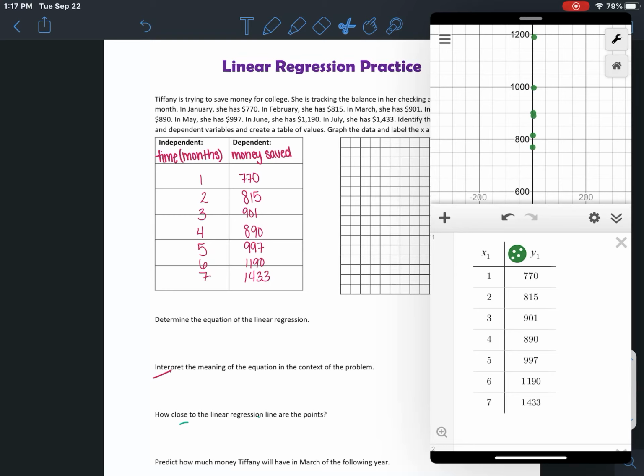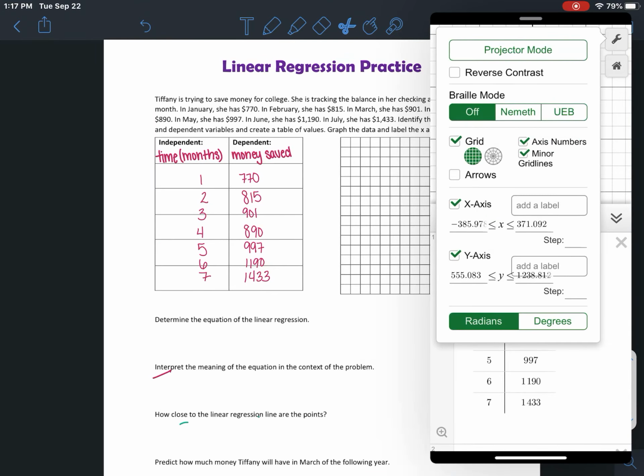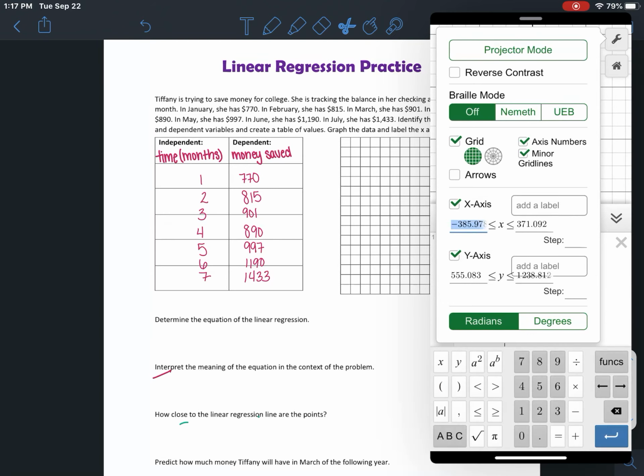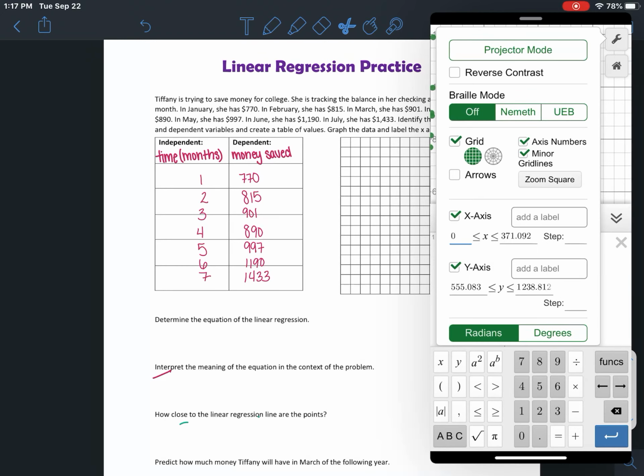I'm going to hit this toolbar, this wrench symbol that's in the very upper right-hand corner of my screen. I'm going to hit that. And I'm going to change my X-axis to fit my X values. My X values go from 1 to 7. I'm going to make it easy and go 0 to 10.